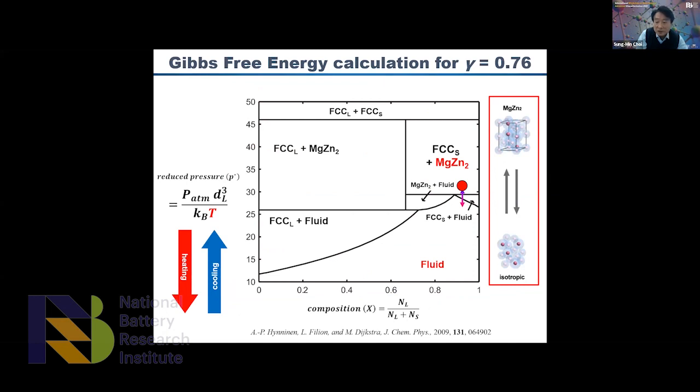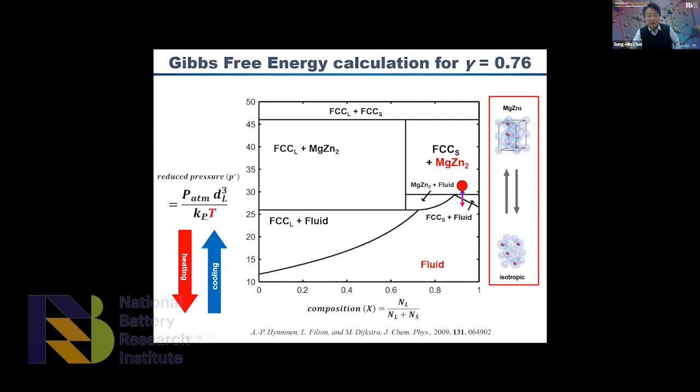Okay, so in fact, our study is well matched with the Gibbs free energy calculation, which was reported some years ago. In this phase diagram, the x-axis is composition and the y-axis is expressed as a reduced pressure.